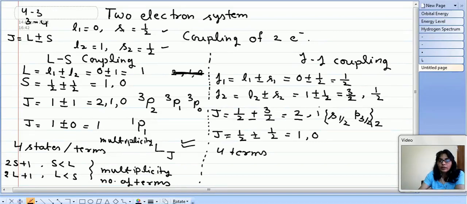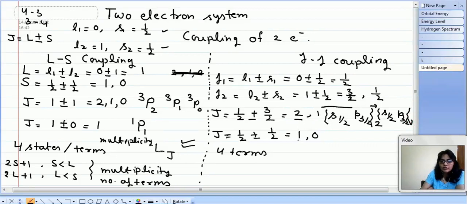And for this one we will write different values. Again L1 means S state, and then the value of J1, which is half. Then L2, which is 1, means P state, and then the value of J2, which is 3 by 2. And on the outer side we have the value of capital J, which is 1.